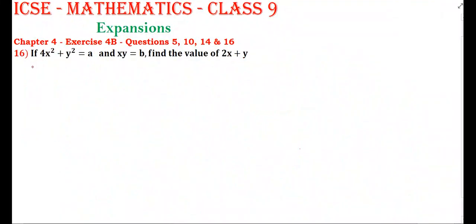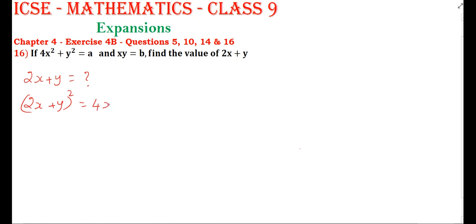Next question. If 4x square plus y square equal to A and xy equal to B, find the value of 2x plus y. So we can take 2x plus y the whole square, because here they given 4x square plus y square. So we can apply the a plus b the whole square formula.